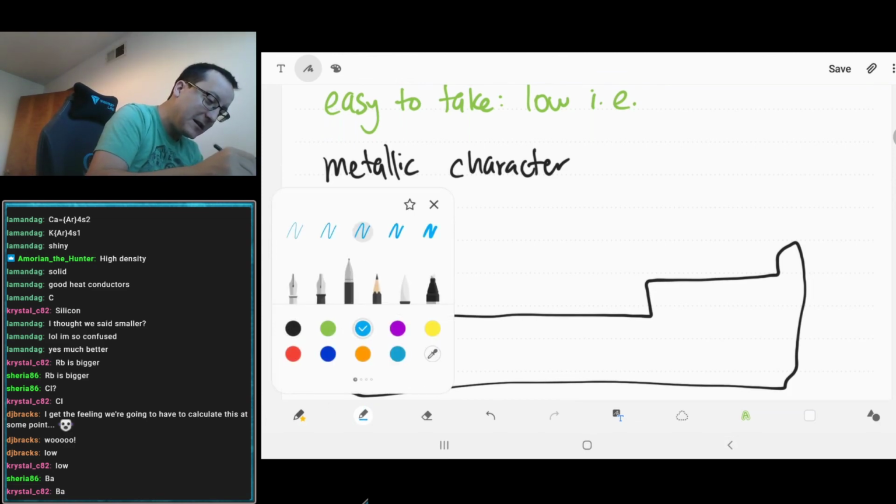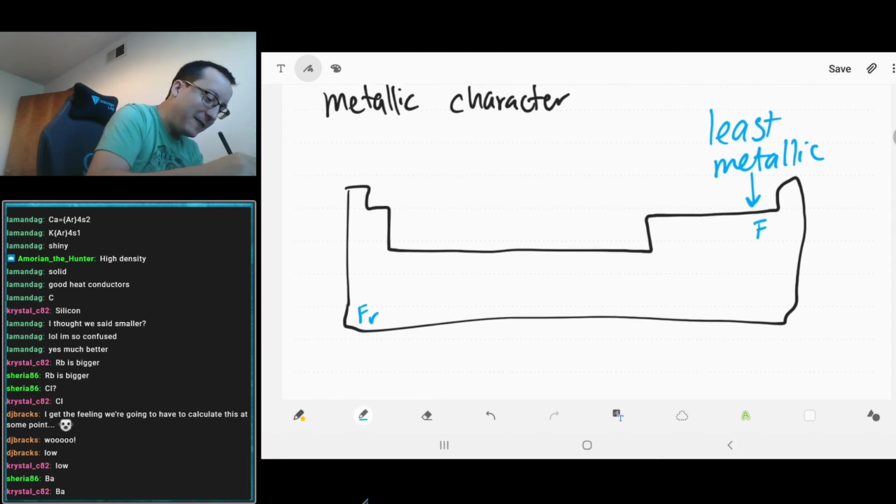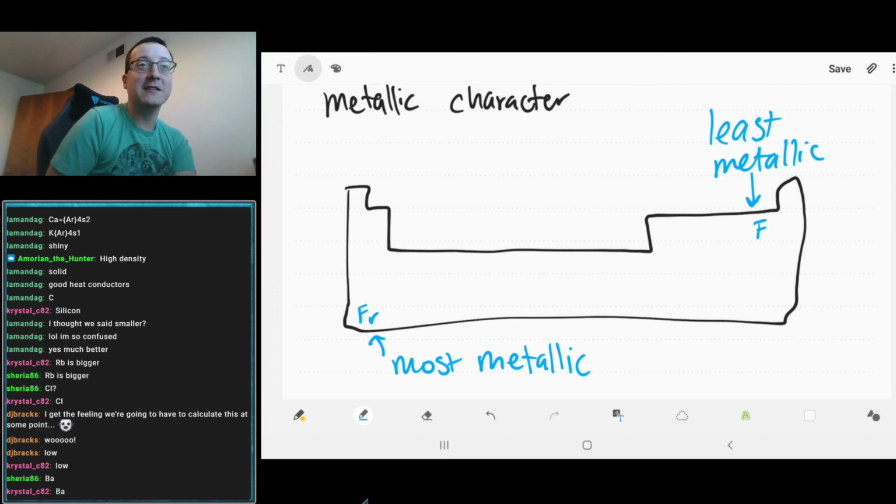Fluorine is going to be the least metallic, and francium will be the most metallic. So look at this. As long as you remember these two elements and the trends that they have, we'll be fine on all of these.